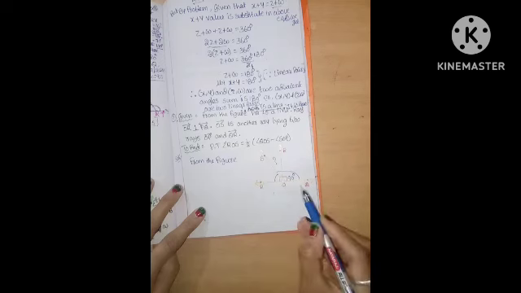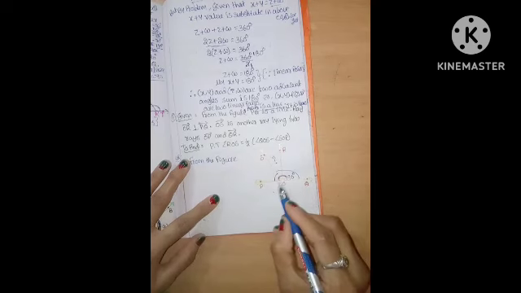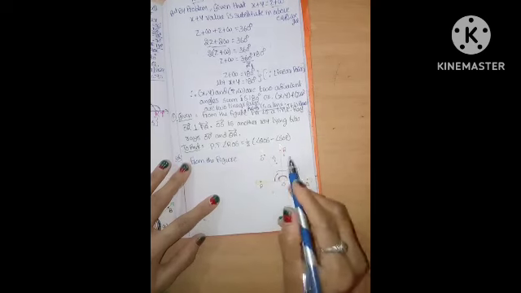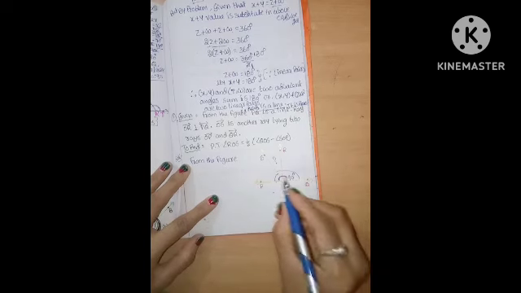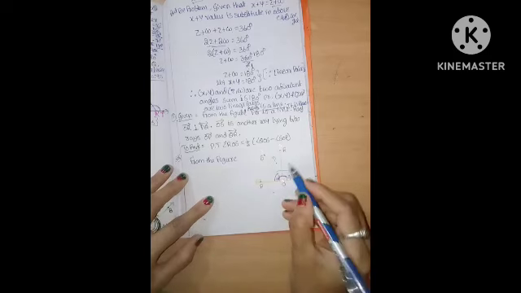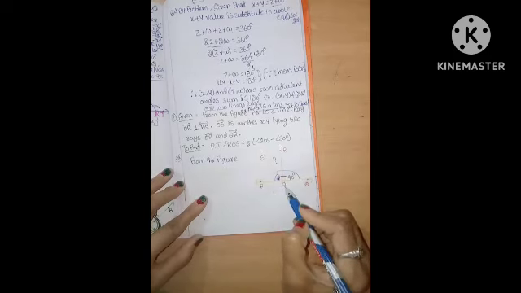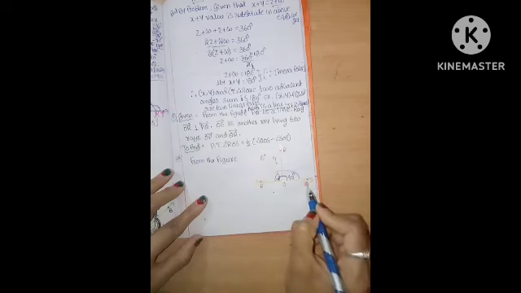Because PQ is a straight line, so the two angles together make 180 degrees. So POR is also 90 degrees.